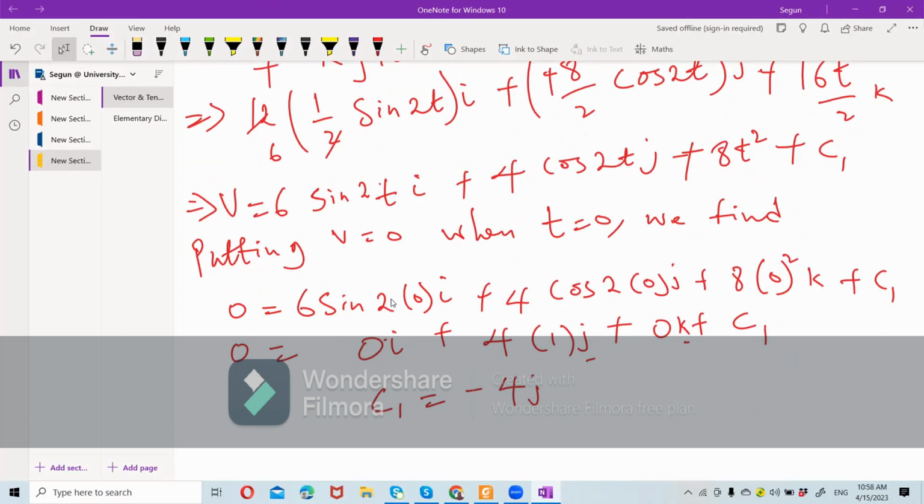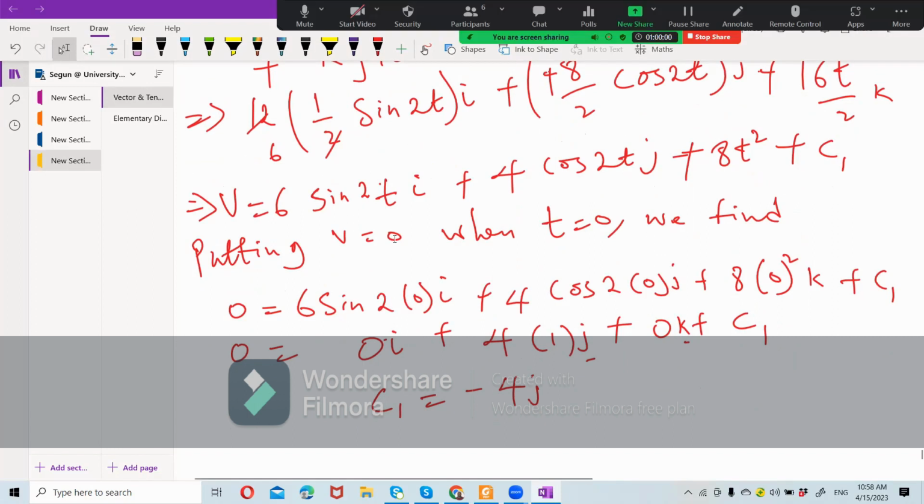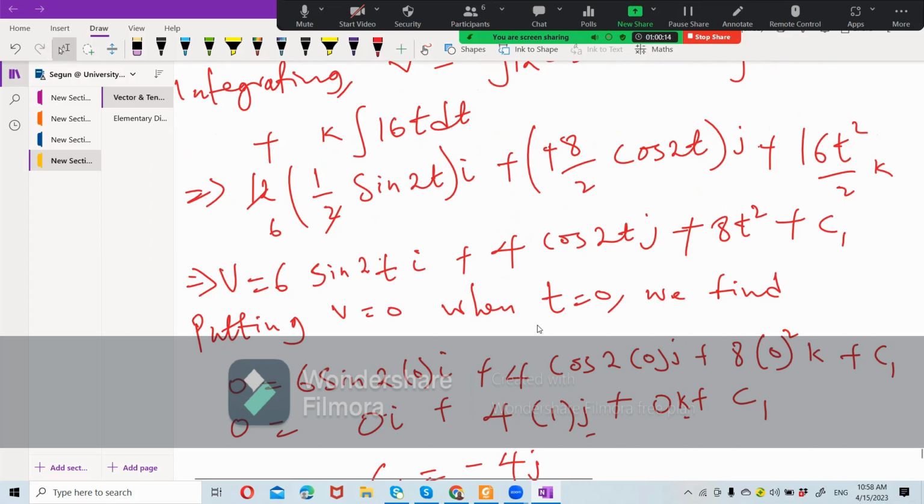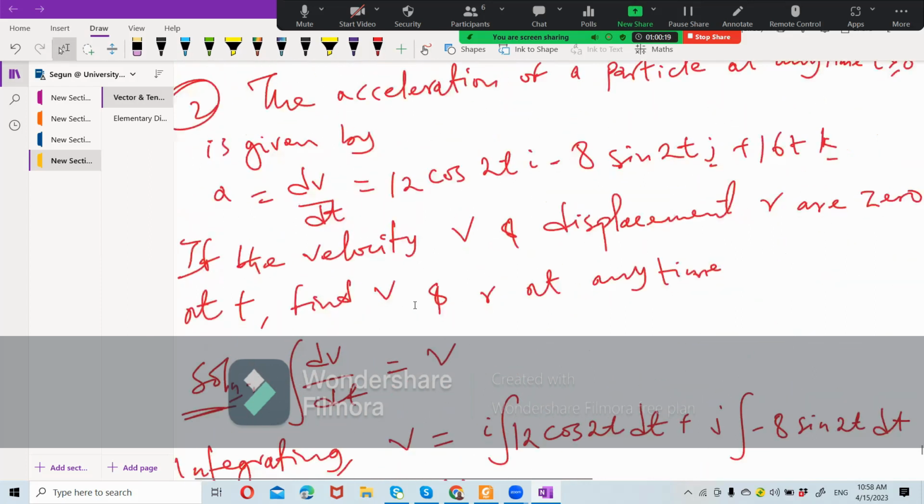Now that we know this, I can go again and substitute my C1 into my V. Let's call the equation of V equation 1. So what does equation 1 become?